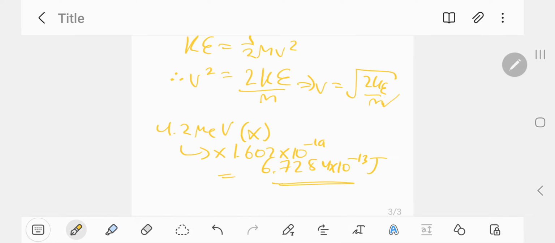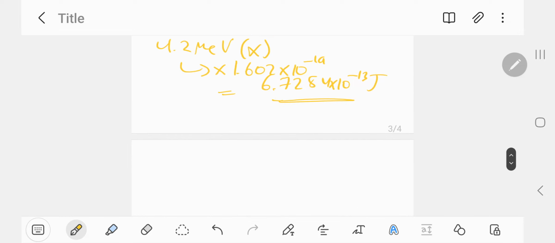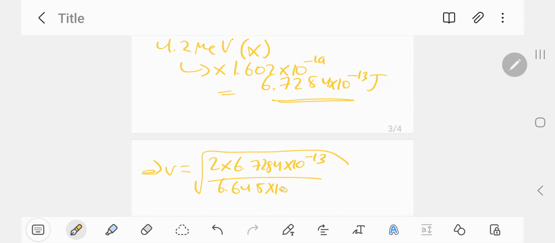We know what m is for an alpha particle, that's the mass of the alpha particle. We know what KE is, we've just worked it out, so we simply plug in. So v is the square root of 2 times 6.7284 times 10 to the minus 13, divided by the mass of an alpha particle in kilograms, SI units, so 6.648 times 10 to the minus 27.